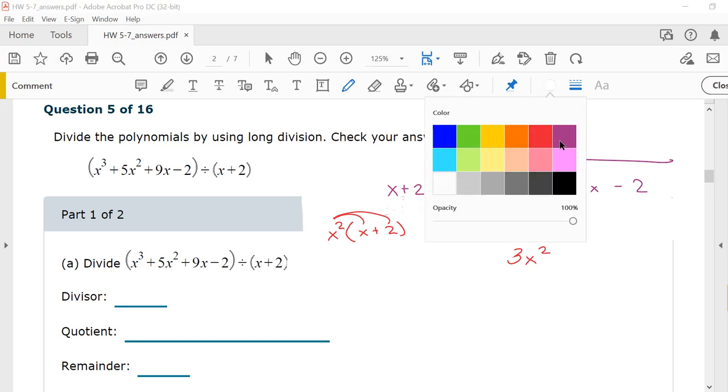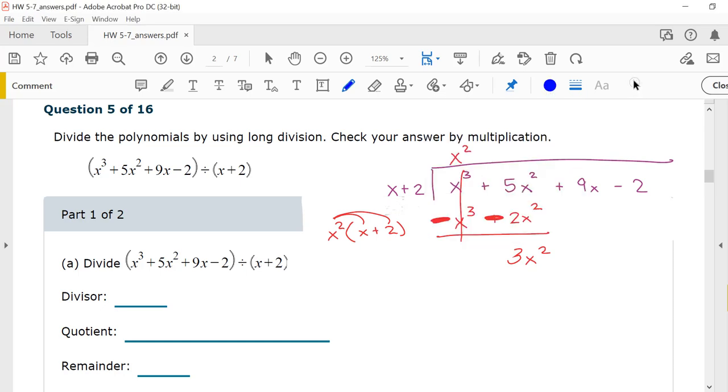Let's go do blue. X times 3x will give me 3x squared. So then I'm going to do 3x times x plus 2. Oh, one more thing. Sorry. I need to bring the rest of the polynomial down. 9x minus 2. Okay, 3x squared.